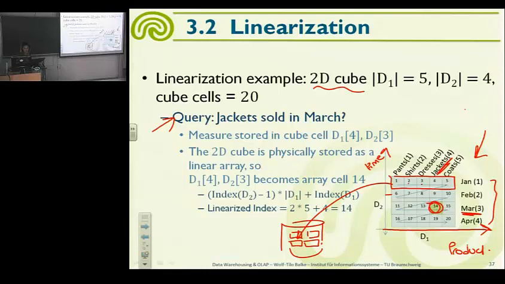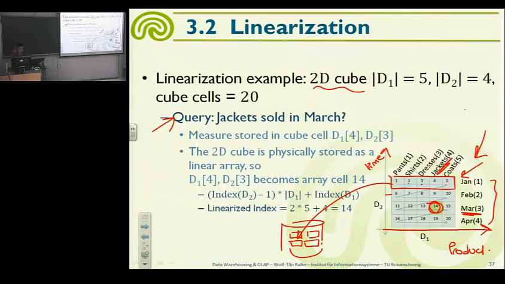Now I want the sales for January, so I go and I read this block, and I get the values. Seems good, right? But the problem is when I want the data, for example, about all the jackets, then I have to jump from array to array to array.